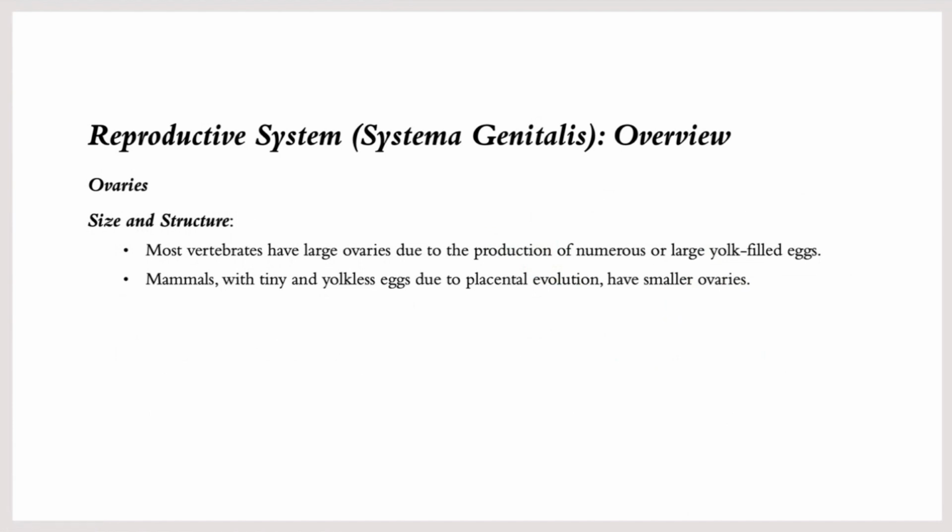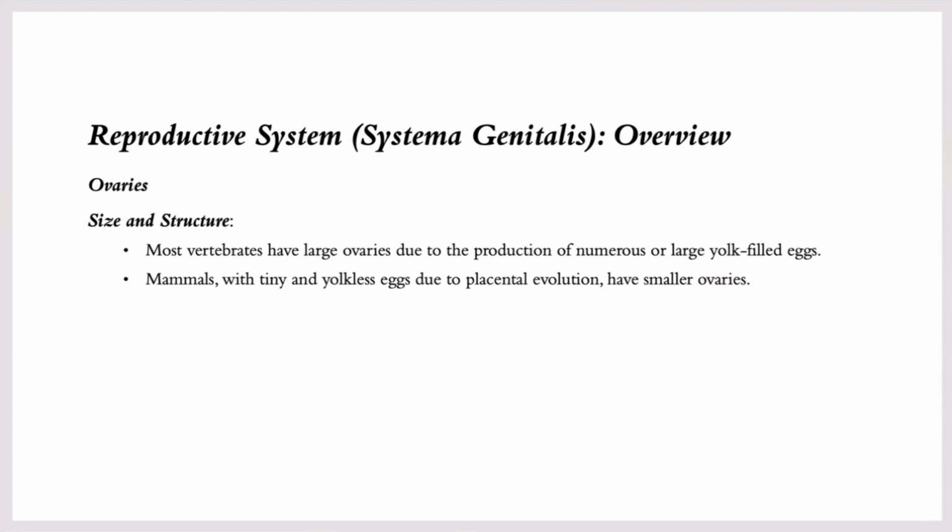Now the ovaries. Most vertebrates have large ovaries because they have eggs which have a large amount of yolk in them. As we mentioned before, the yolk is there to provide nutrients to the embryo. Mammals usually have tiny and yolkless eggs. This is because our placenta developed, and the placenta basically has the same function as the yolk, providing nutrients directly from the mother to the embryo.